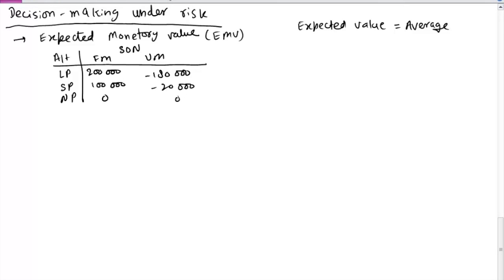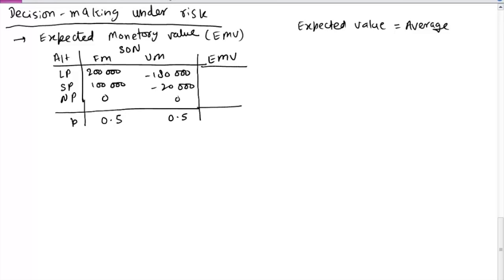Now the only difference is apart from this data we are also provided the probabilities, and let's say they are 50% and 50% that the market will be either favorable or unfavorable. Calculating EMV is very straightforward.